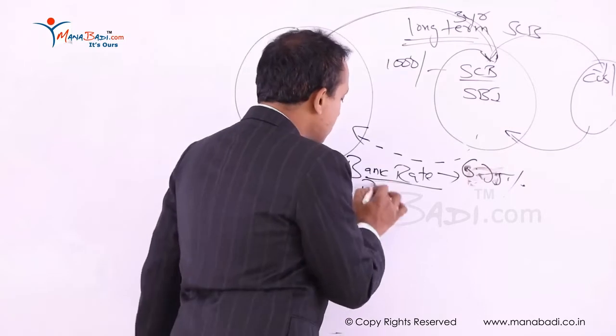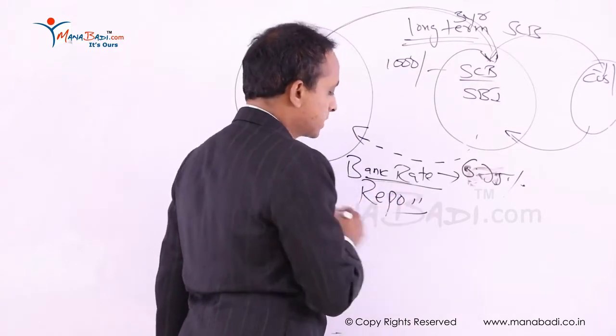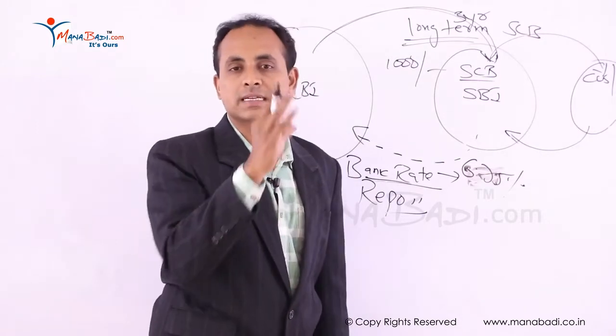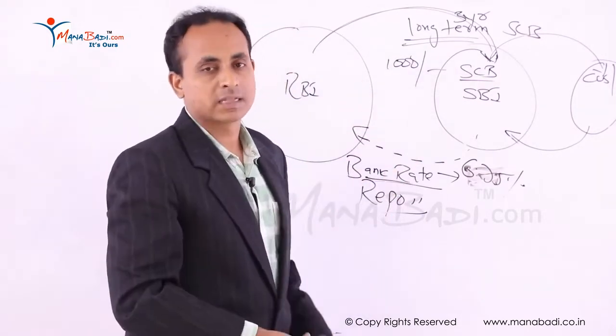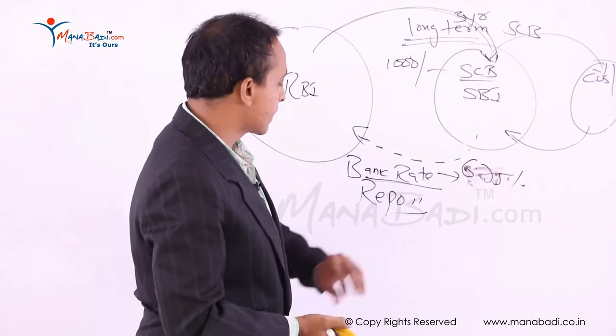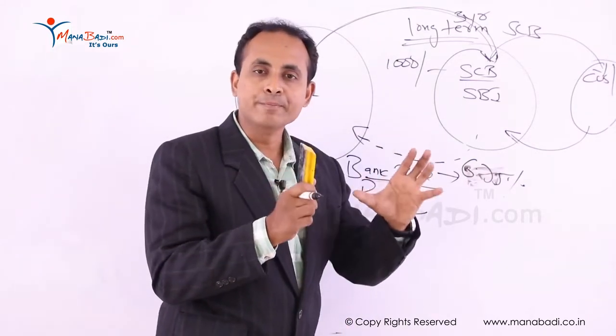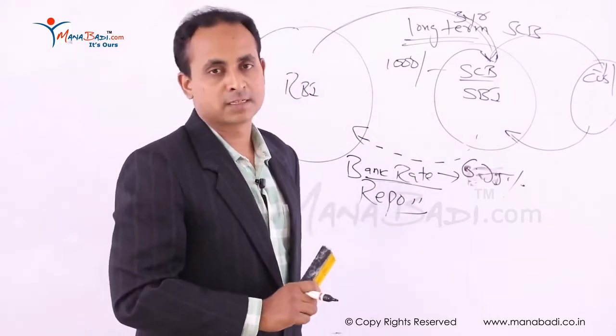Now coming to repo rate. Here, rate means interest: at what interest banks are giving loans to others. That is the point. The definition is the same. Repo rate and bank rate are the same, but the durations are different.